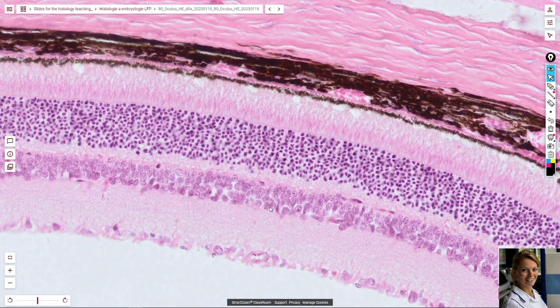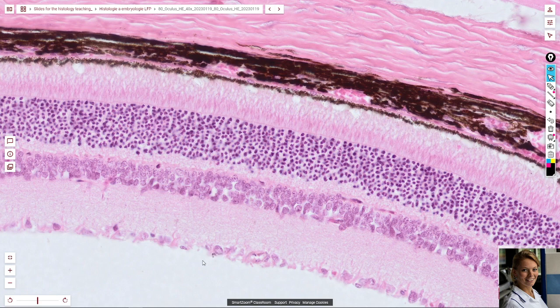Inner plexiform layer, synapses of axons of bipolar cells and dendrites of retinal ganglion cells here. Ganglionic layer contains the nuclei of retinal ganglion cells. It's here, very thin layer.